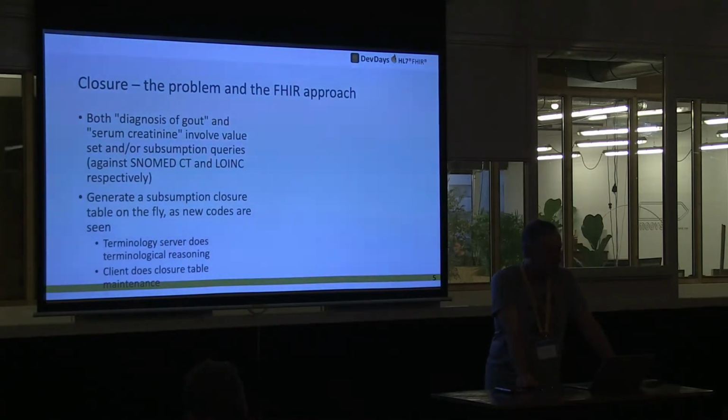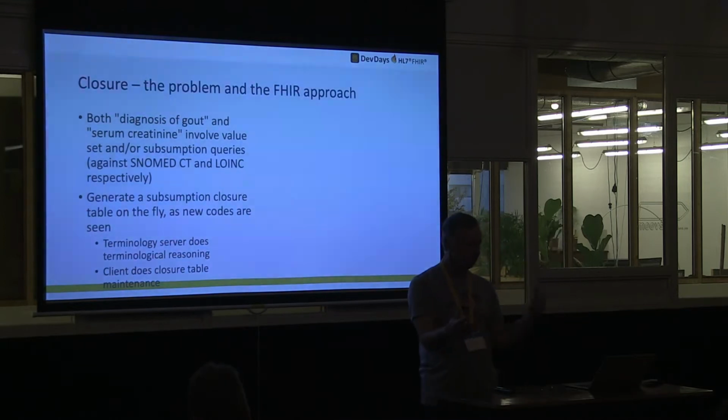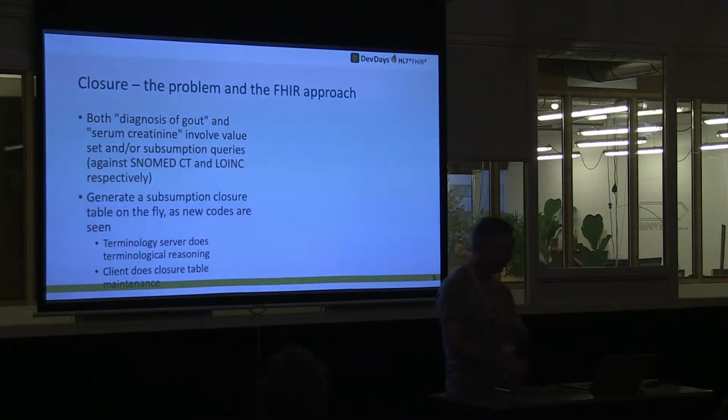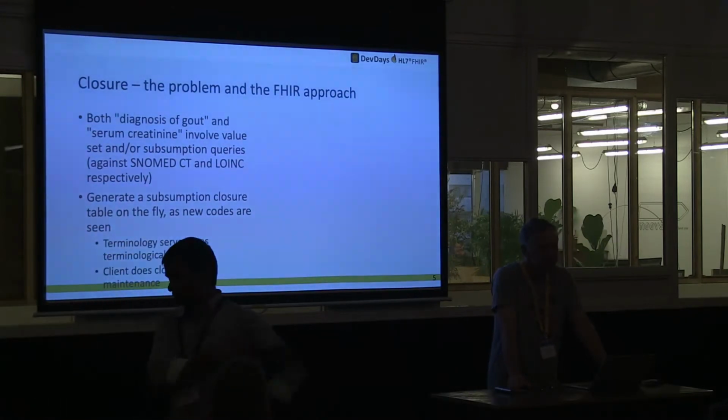But what we could do, instead of doing that and maintaining it, is generate more of an on-the-fly table and base it on the data that we're actually encountering. So the idea of this operation is that we look at the data that's coming our way, and that data we need to care about, and I'll give you a scenario that fleshes out the need for that in a minute.